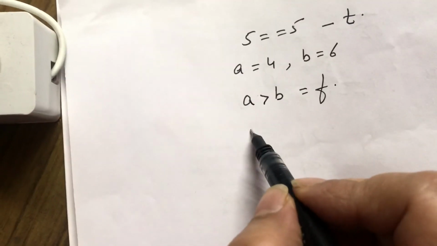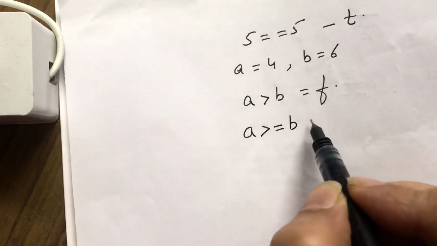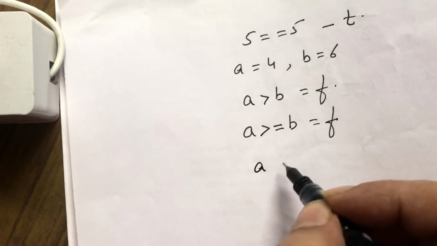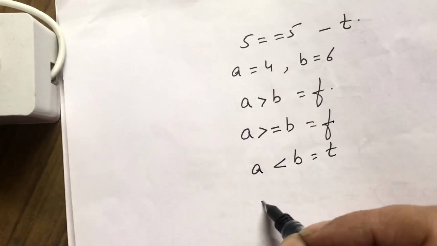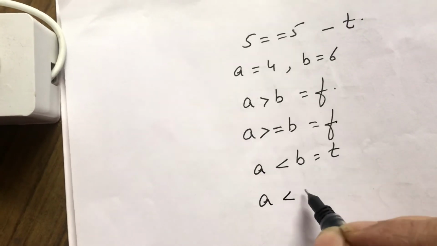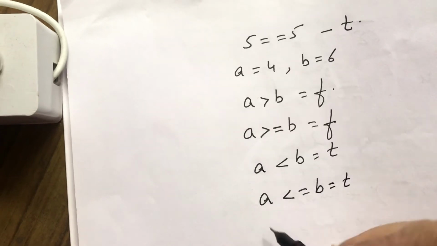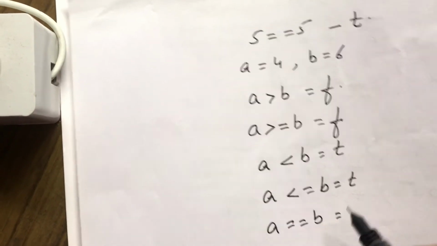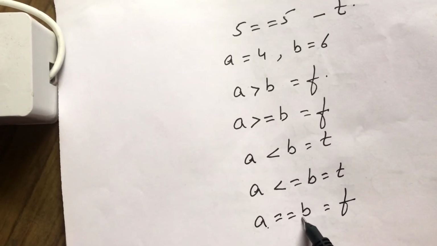If I write is a greater than equal to b, again the answer is going to be false. Is a less than b? Answer is true. Is a less than equal to b? Answer is true. Is a double equal to b? Answer is false. It is checking whether the value of a is equal to b.